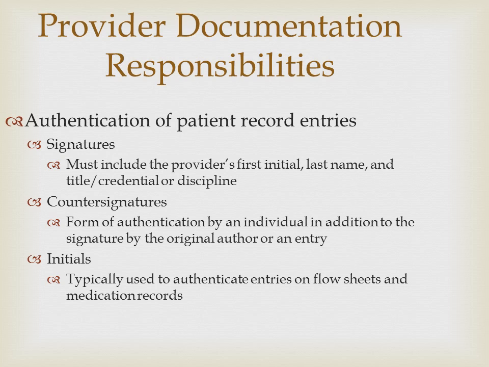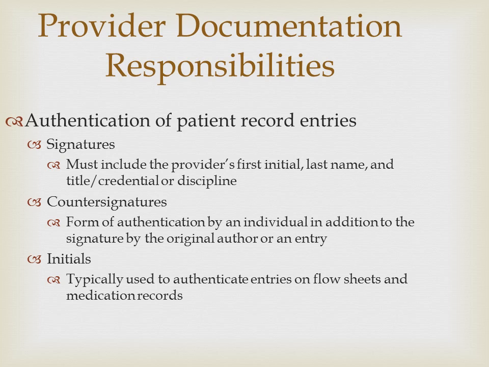So let's talk about first signatures of authenticated patient records. When signatures are provided to authenticate a patient record, it must have these items: the provider's first initial, last name, and whatever their title or credential may be.